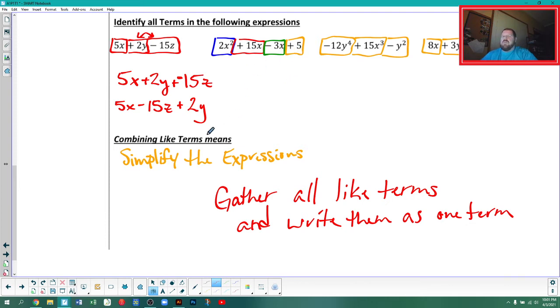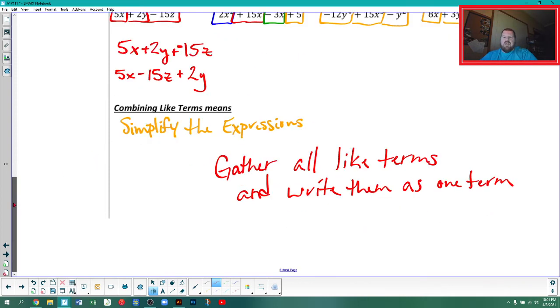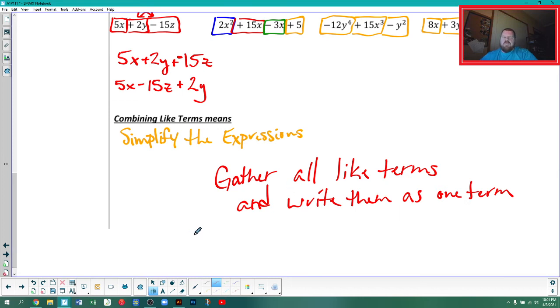Like if I look at this one here, this one's a great starter example. If I take this problem that says 2x squared plus 15x minus 3x and plus 5, as we noted before, I have these two terms where I have a positive 15x and a negative 3x.